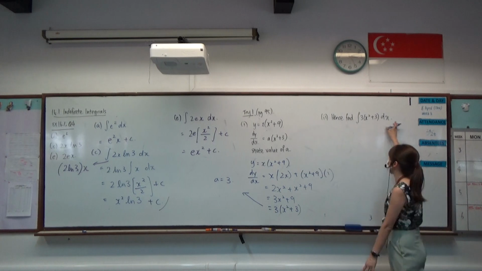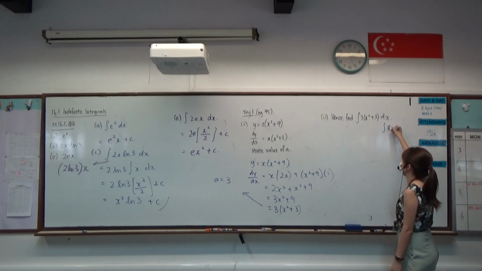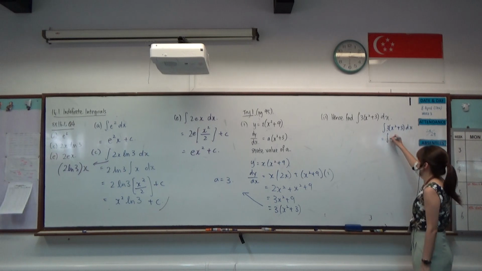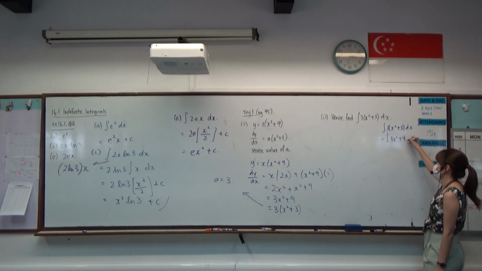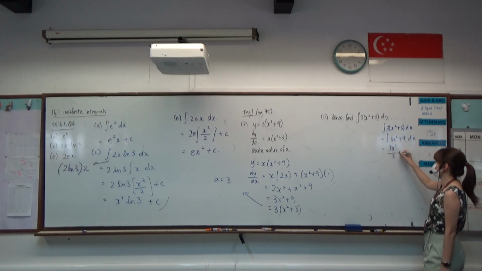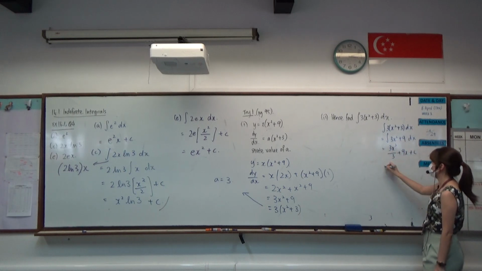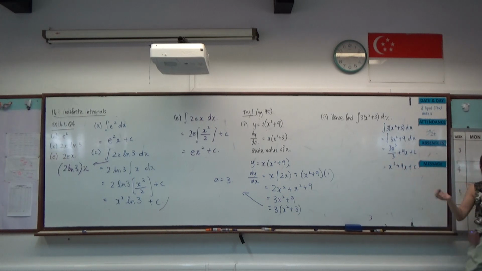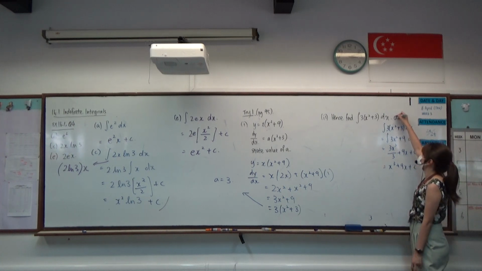So let's just do that integration so that later on we can check our answer. So we are looking at integrating 3x squared plus 9. Our answer at the end should be x cubed plus 9x plus c. So this is like an otherwise method.